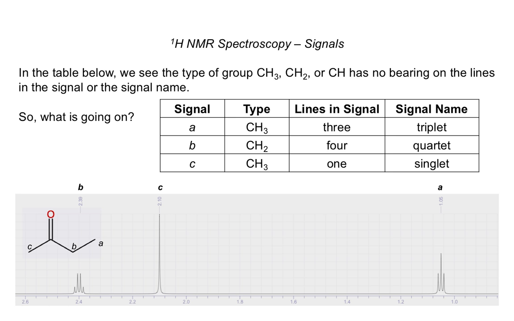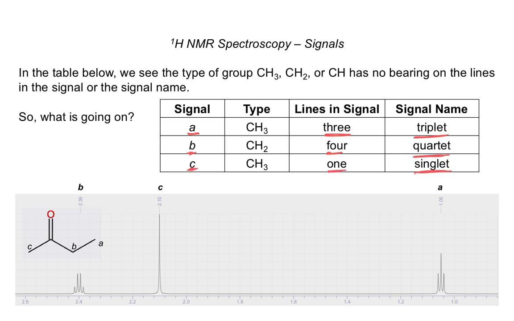So the number of lines, we refer to those as specific names. So A has 3 lines. We call that a triplet. B has 4 lines. That's called a quartet. C has 1 line.